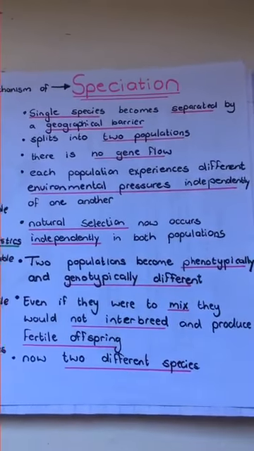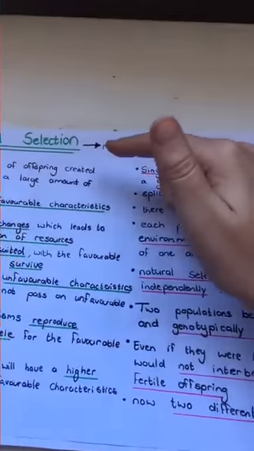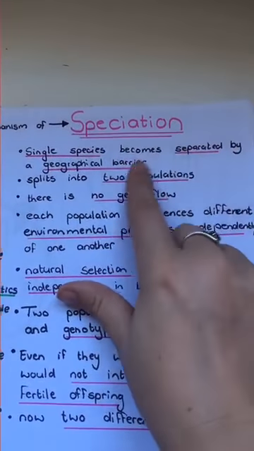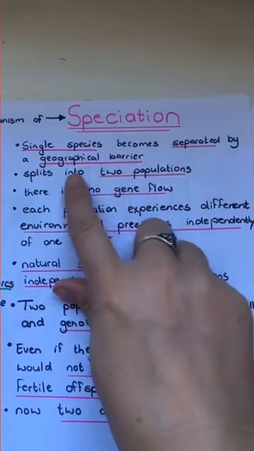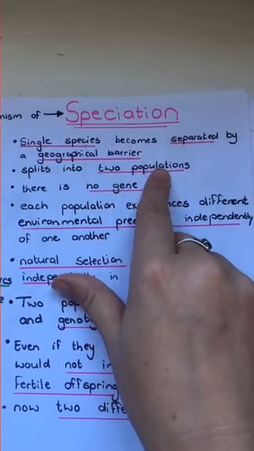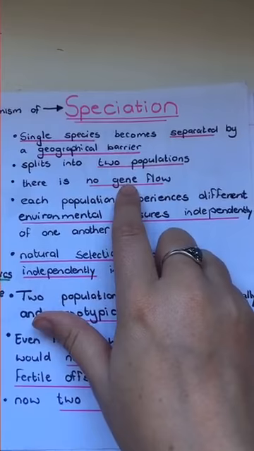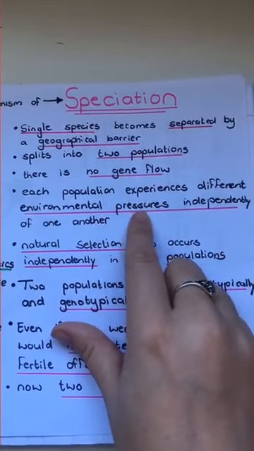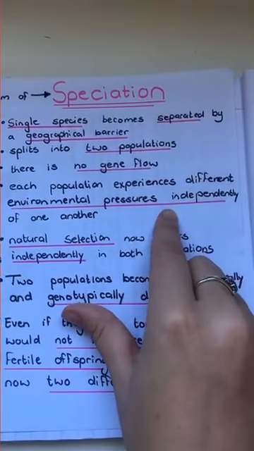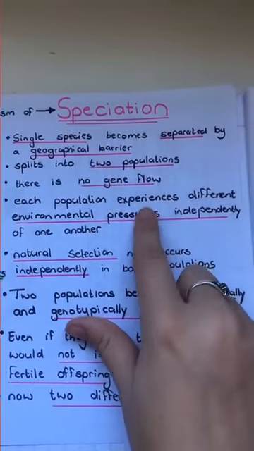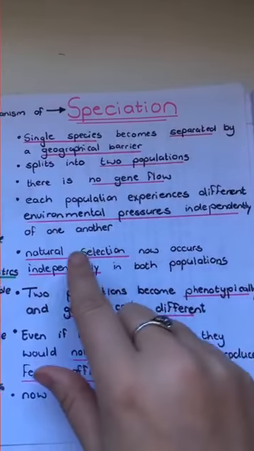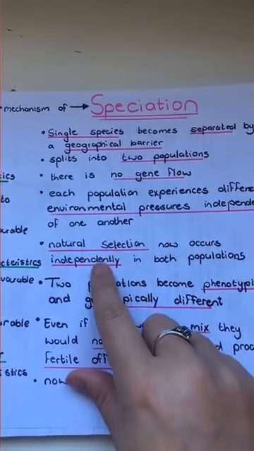Speciation is the product of natural selection if you make a new species. So a single species becomes separated by a geographical barrier, and it splits the population into two. There is no gene flow, which means they don't reproduce. Each population experiences different environmental pressures independently of one another. In other words, if one island is hot and one island is cold, they experience that differently. And so natural selection now occurs independently.